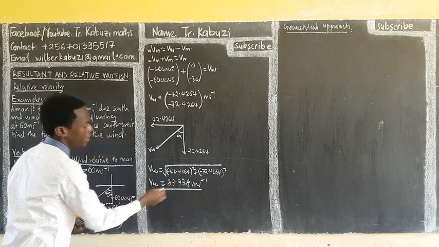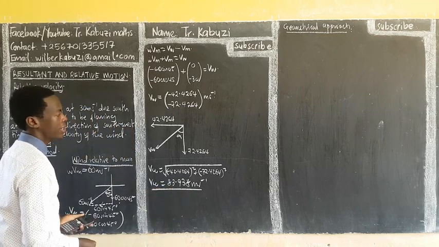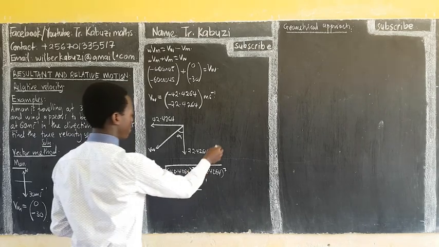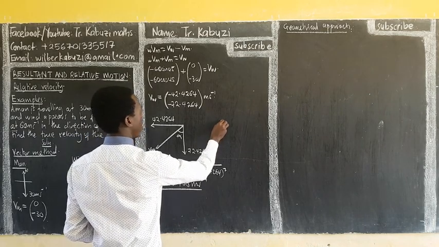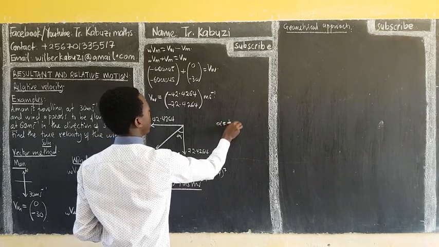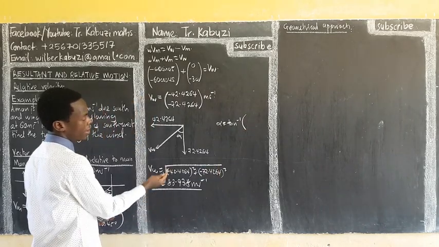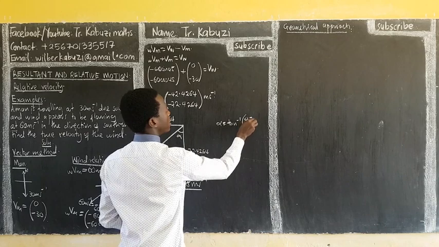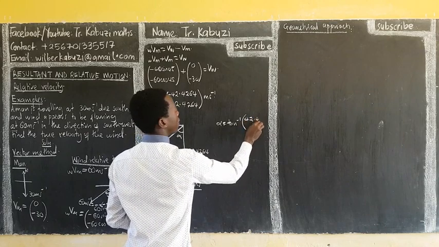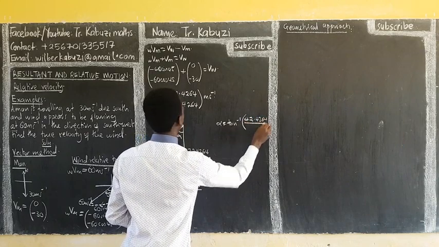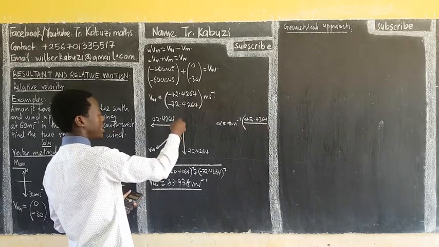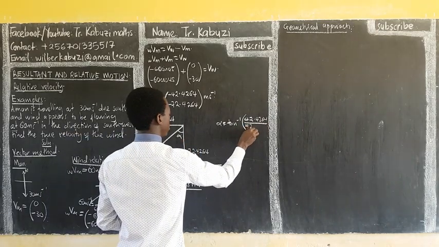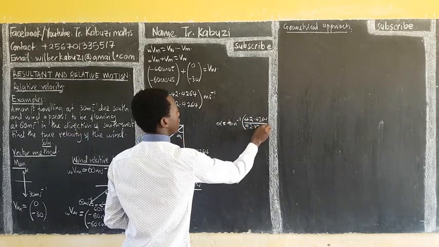And now, with its velocity, it also has direction. So from there, we can get our alpha, which would be tan inverse of the opposite. You see, to this angle, the opposite is this, 42.4264, over the adjacent. Our adjacent is this, which is 72.4264.